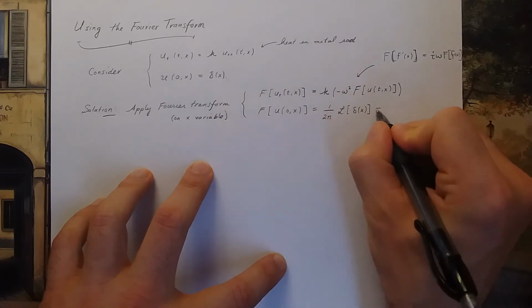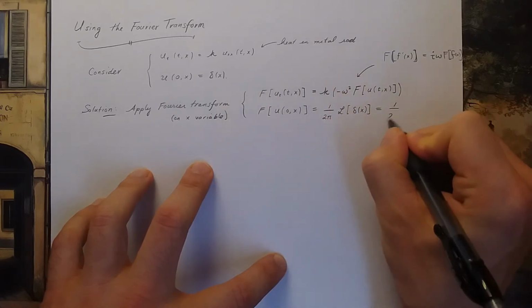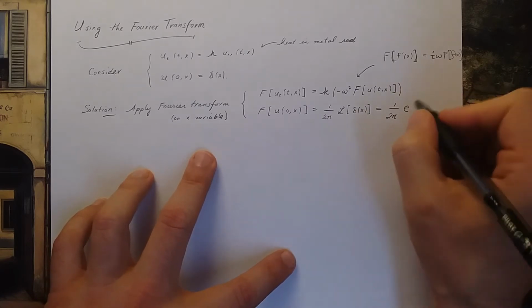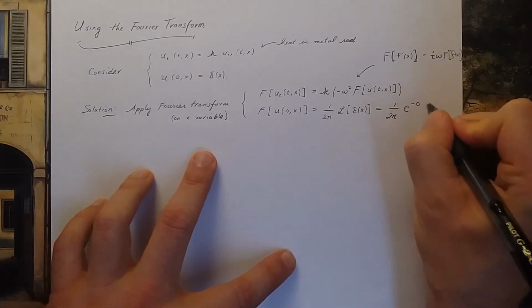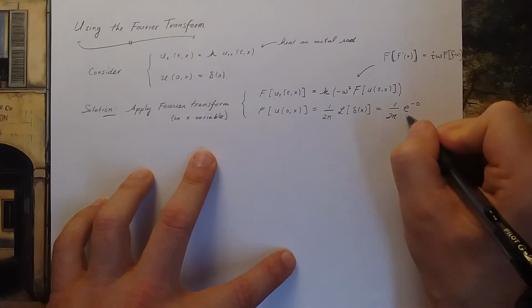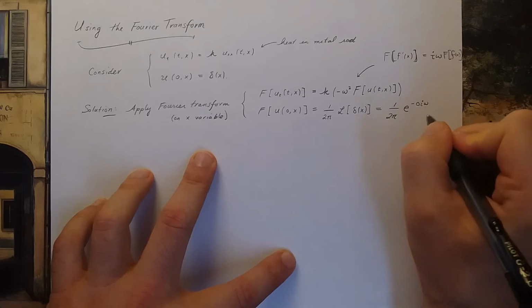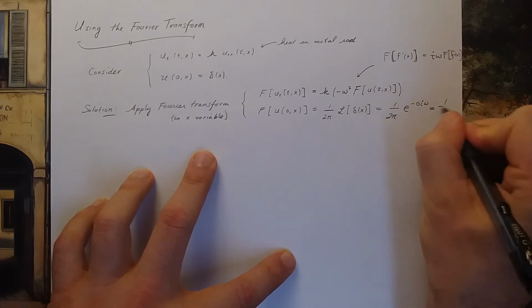So the Laplace transform of the Dirac delta function is e to the negative 0s, and I'm going to replace that s with i omega. So I really just get 1 over 2 pi.